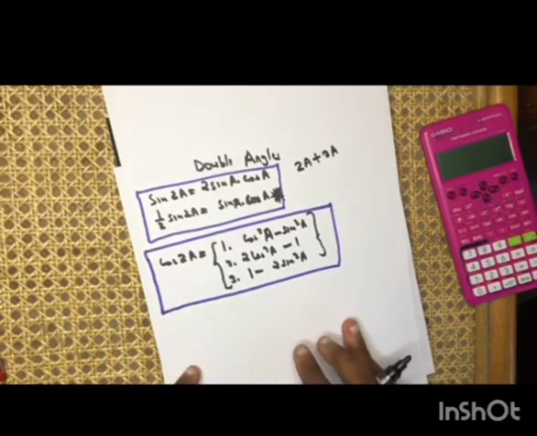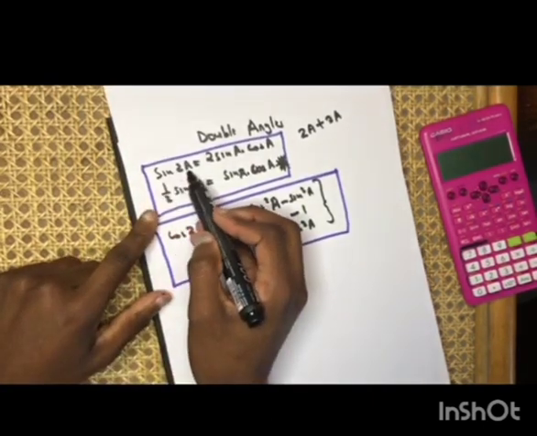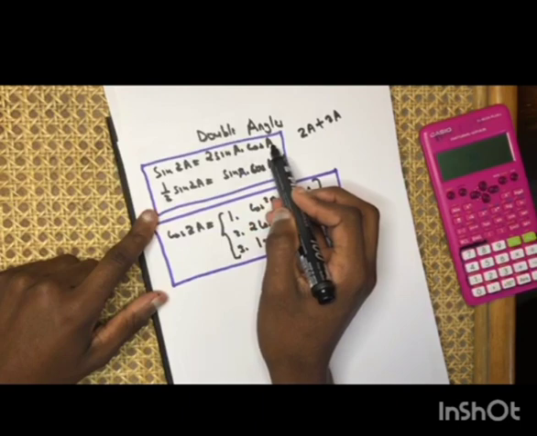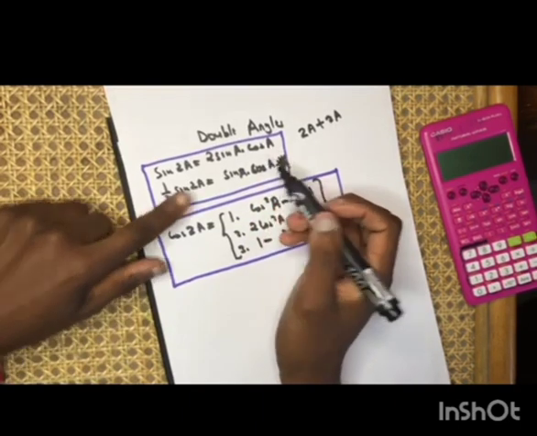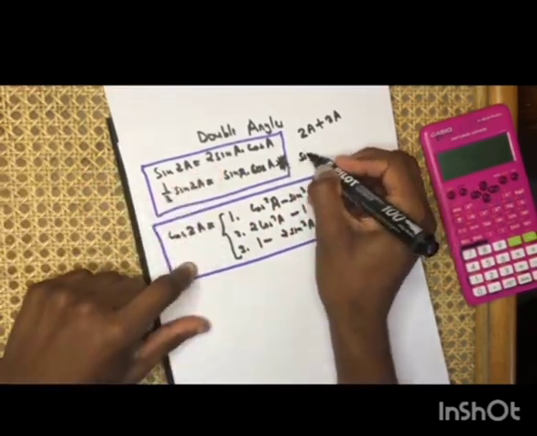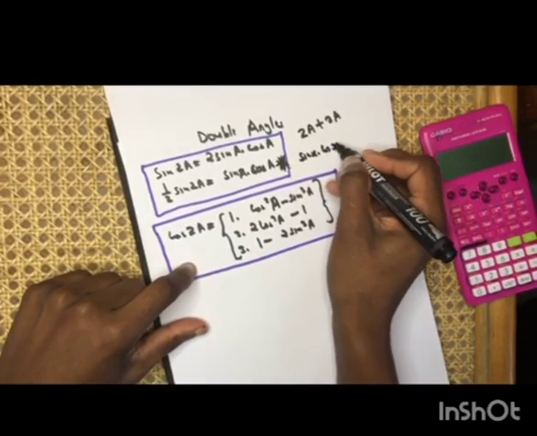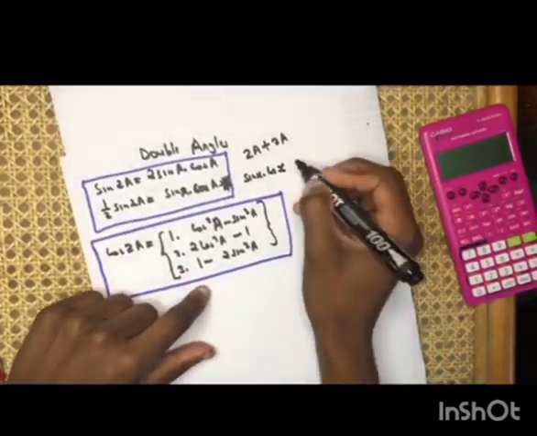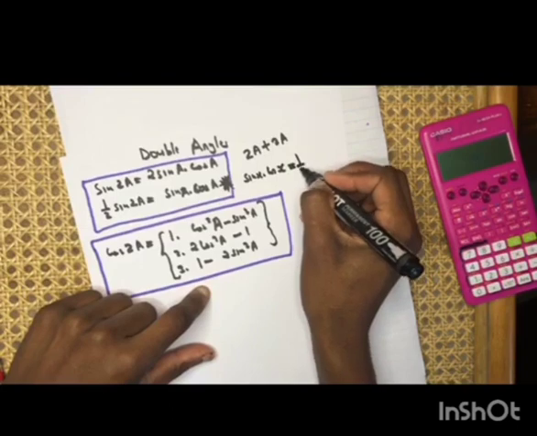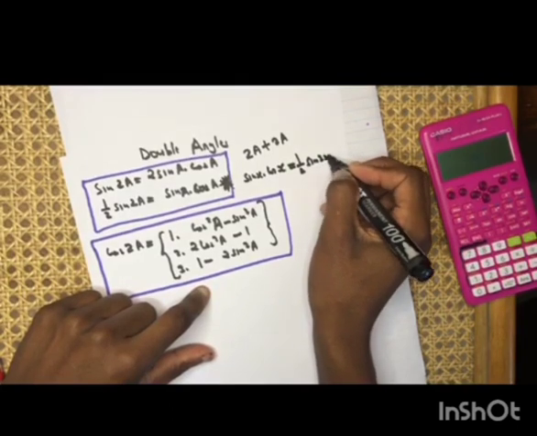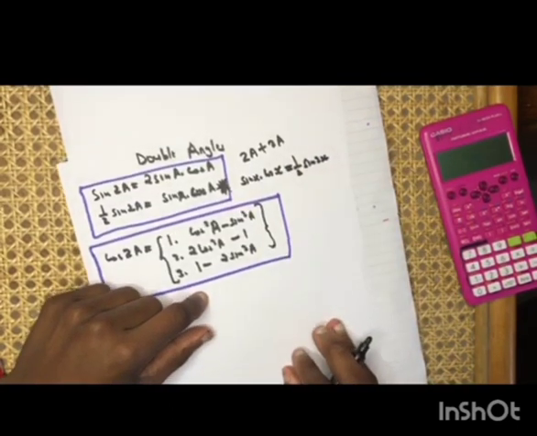Understand? Hope you see. So the double angle of sine 2A, guys, is equal to 2 sine A cos A. Then if I have sine x cos x, I can derive this one to be 1 over 2 sine 2x. Because what does it mean?